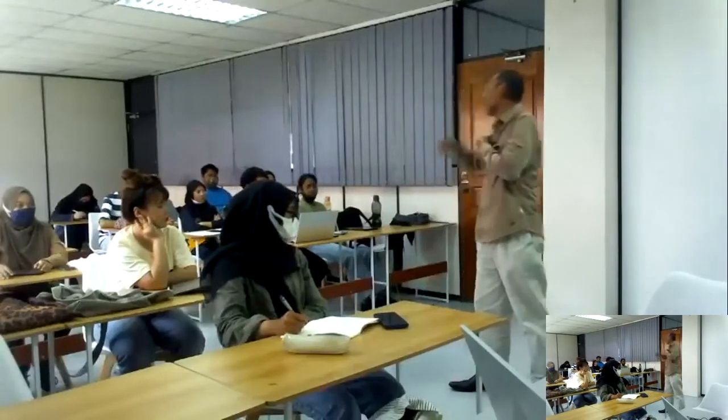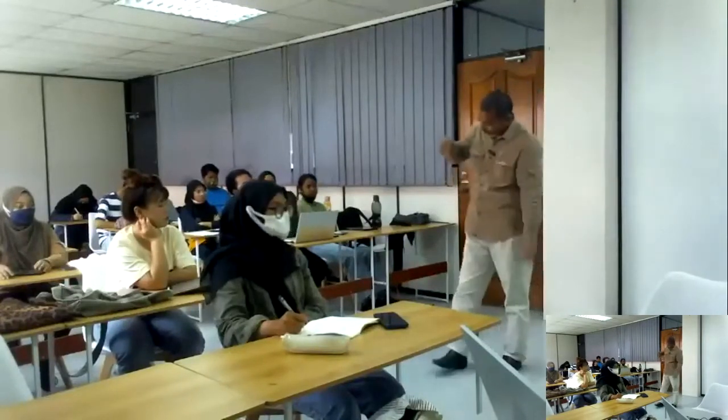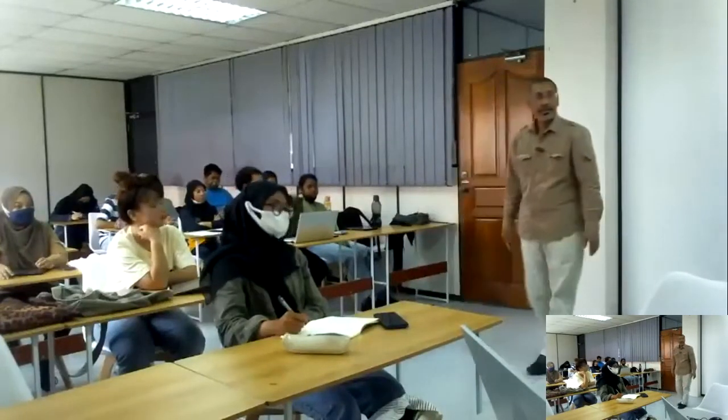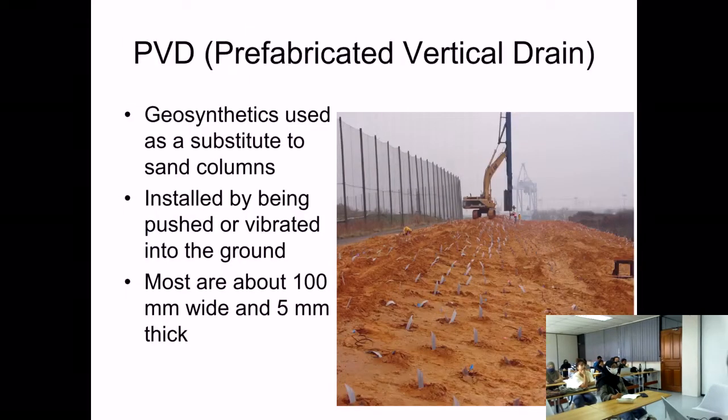It will bring out the water from the ground, and the construction can also be very fast because you just push it into the ground rather than having to pour in sand and things like that. So things are a lot faster now. Everything is fast. Even your internet, you want it to be fast.